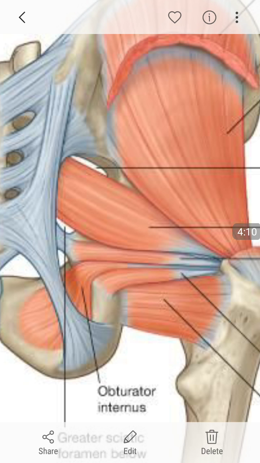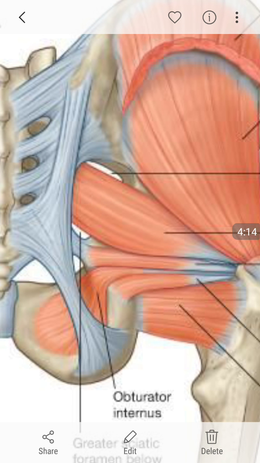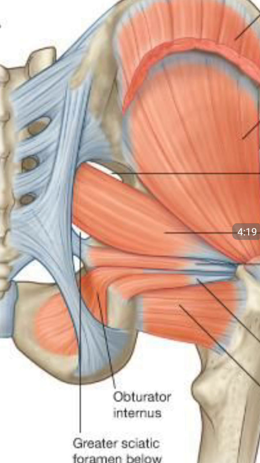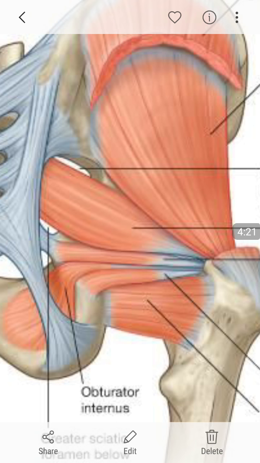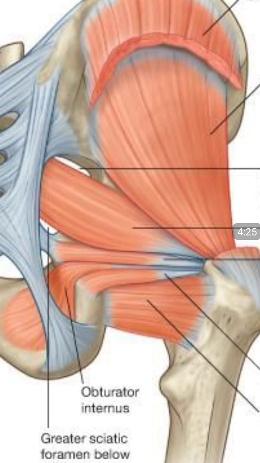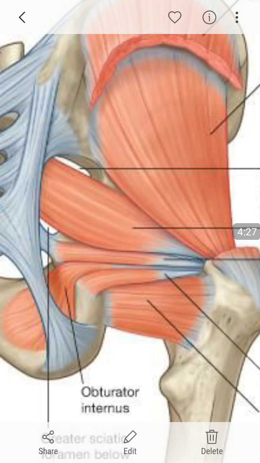And this opening, the greater sciatic foramen, is called the doorway of the gluteal region, because all the structures, arteries, nerves and vessels, come from the pelvis through this foramen into the gluteal region.